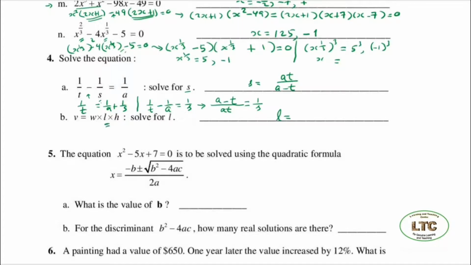So I will move everything on the left. WLH is V. So I will divide the left hand side by W and H. Then I leave L alone. If I divide V on the right by W and H, I get V over WH. Only one time. V over WH. This is 4.